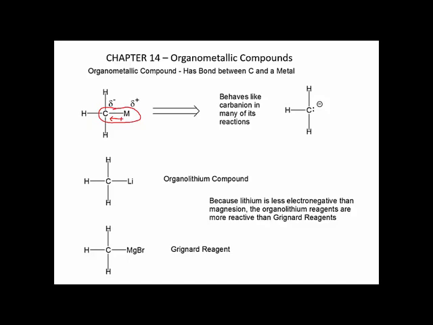When we look at metals that are on the far left side of the periodic table, we can make a loose connection that the reactions they do resemble what the free carbanion would do. Most of the reactions that we're going to talk about involve these two types of organometallics shown at the bottom here.